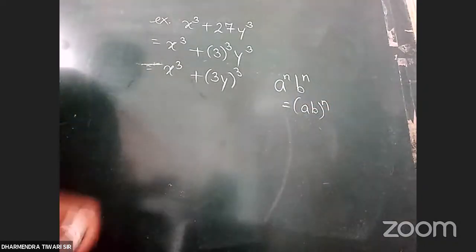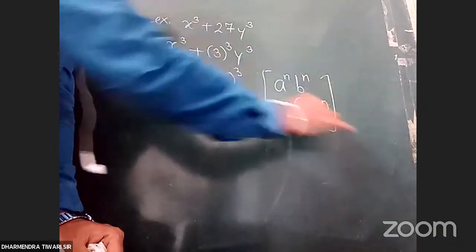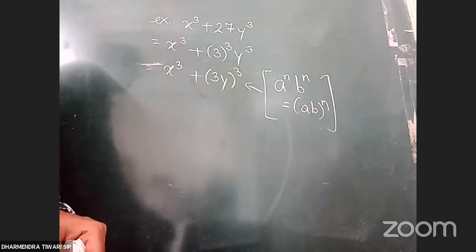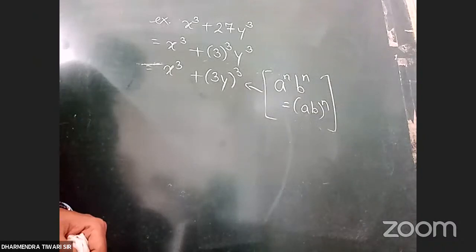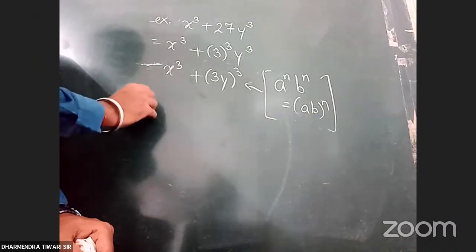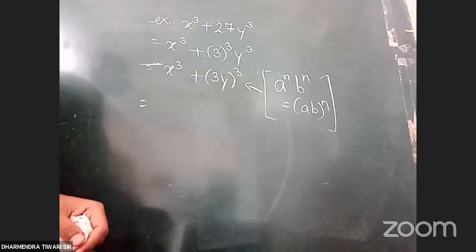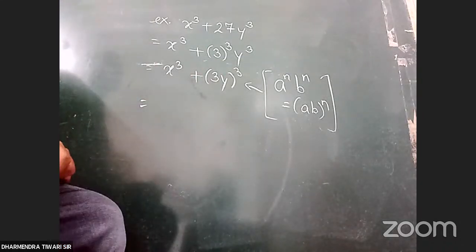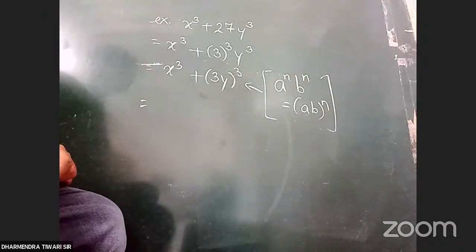This is the rule I have used here. Okay. So now we can see that we are having an expression in the form a cube plus b cube.